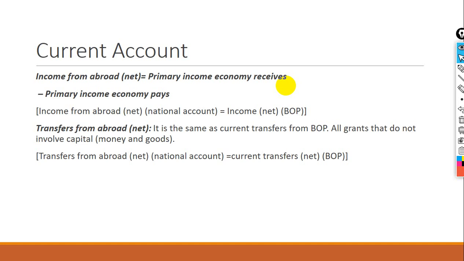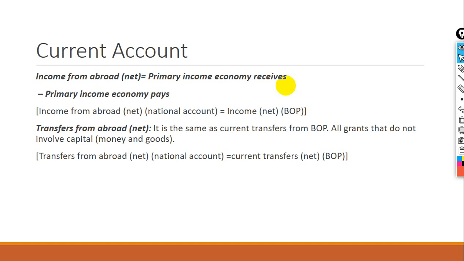This is income received from abroad. If you invest abroad, you get profit or return on your investment. This is also income received from abroad, and vice versa. Income from abroad is found in the national accounts table and in the balance of payments table.